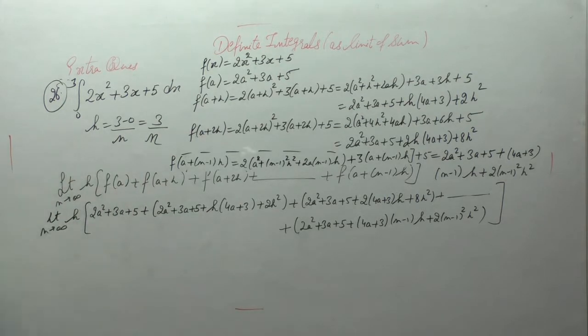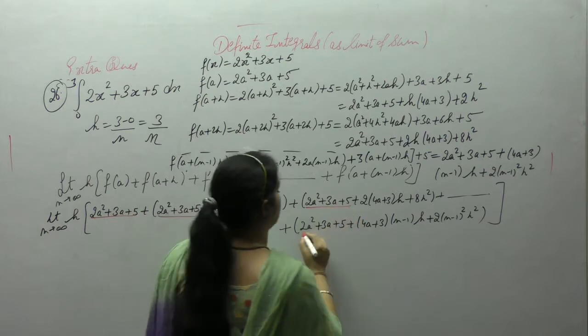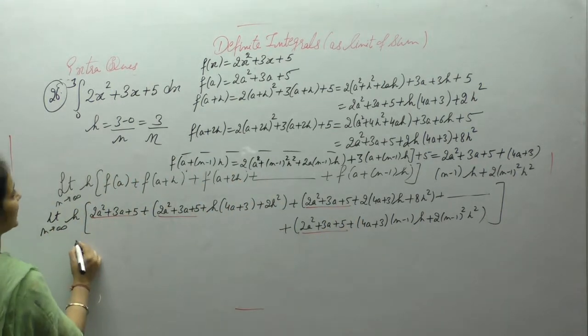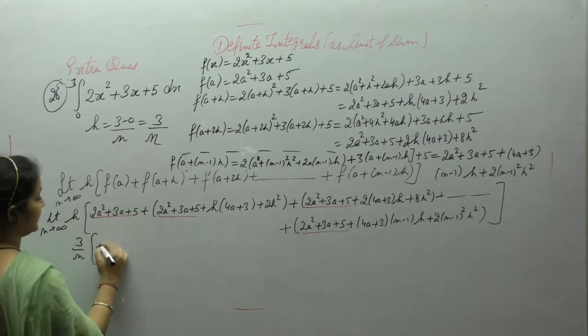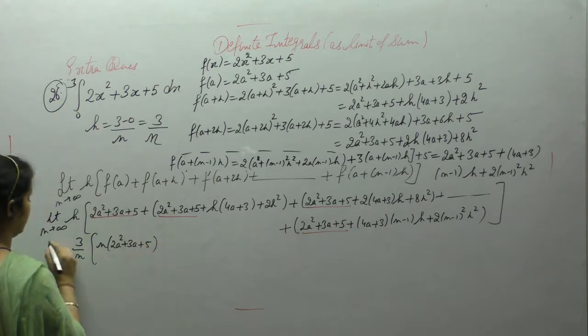Now the term which is common in all is 2a square plus 3a plus 5. So it will come n times, and h is 3 by n. So n times 2a square plus 3a plus 5.